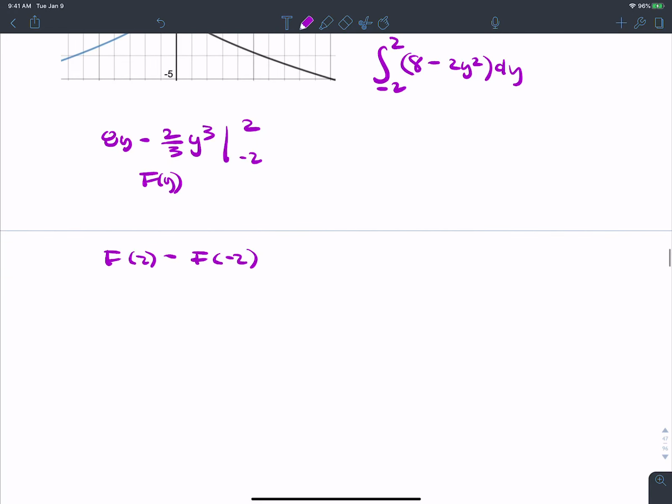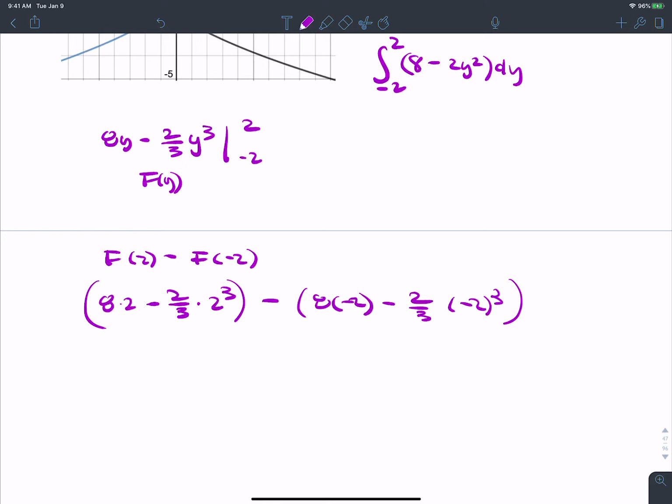Let's do some arithmetic. 8 times 2 minus 2/3 times 2 cubed, minus 8 times -2 minus 2/3 times -2 cubed. 16 minus 2/3 times 8, that's in my first parentheses, minus a -16, looks like that's plus 2/3 times 8. Is that true? Double check.